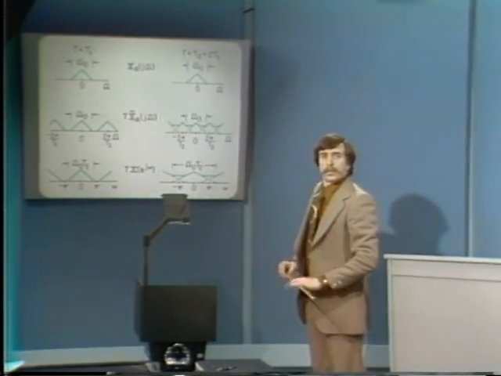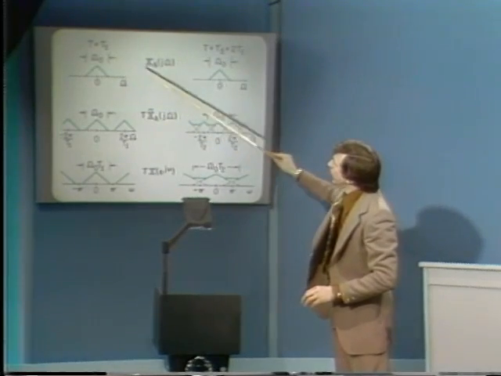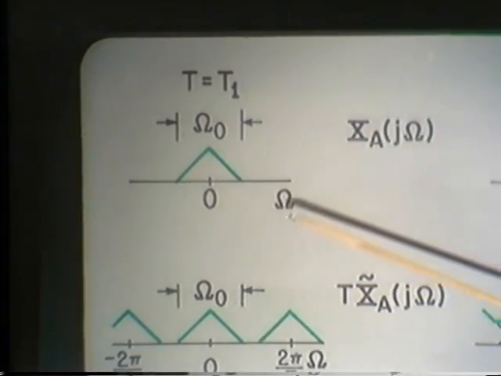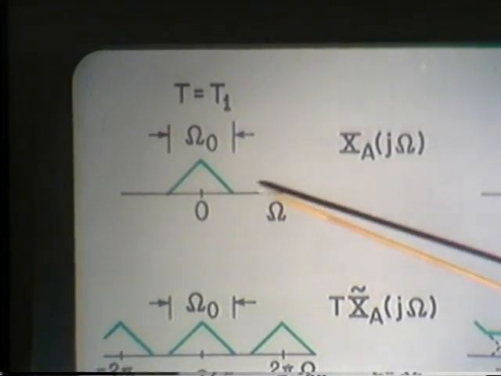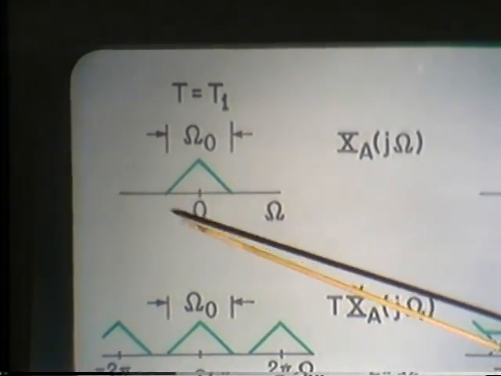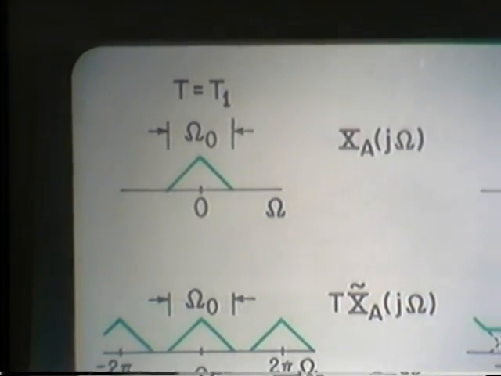I've depicted here the continuous time Fourier transform of some sequence, some time function, and I picked the Fourier transform that looks like a rectangle, looks like a triangle.